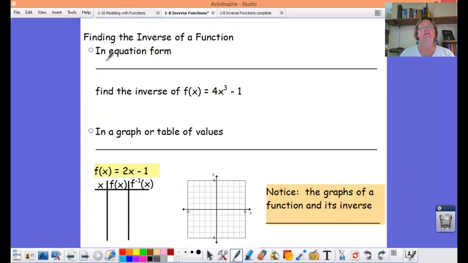Our first activity let us verify to see if two functions were inverses. Now we want to talk about how you can find the inverse of a function if it's written in equation form, if it's in a graph, or a table of values. So in equation form, the rule says switch x and y, switch x with y, and solve for the new y.